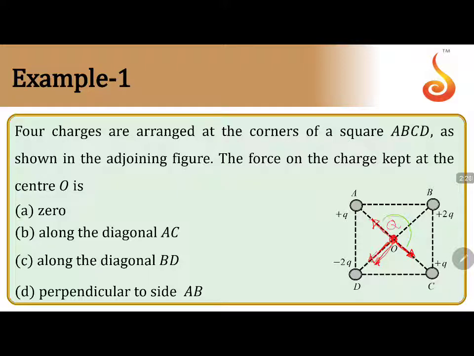So the net force will be along this line BD, because these two forces will cancel. So the net force will be along the line BD, along the diagonal BD.